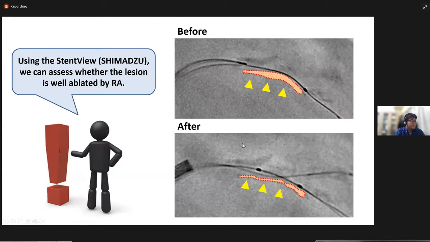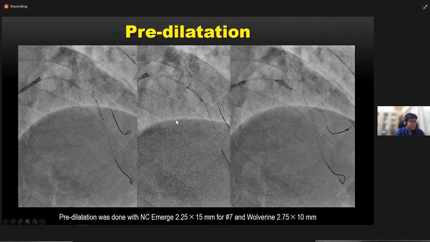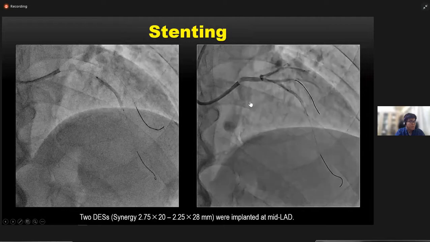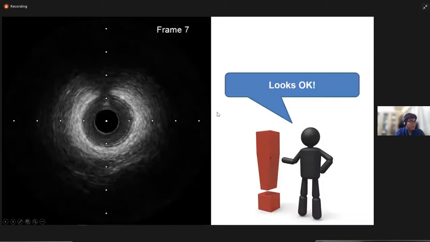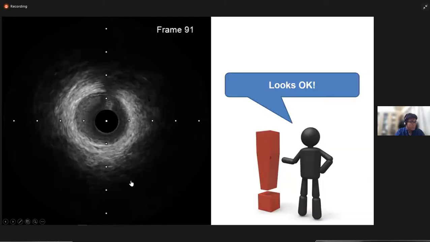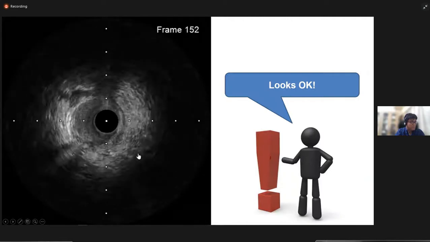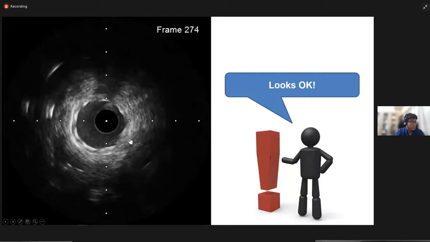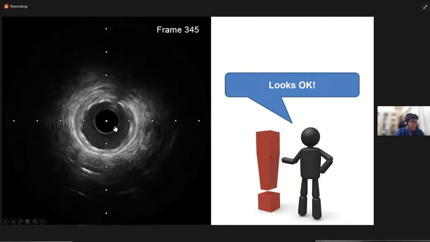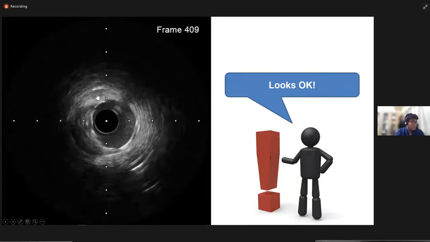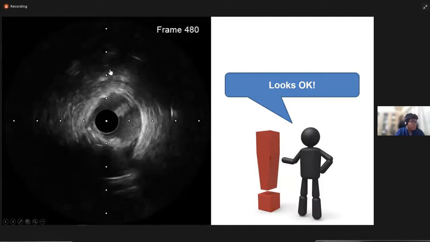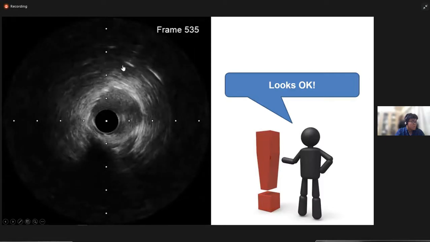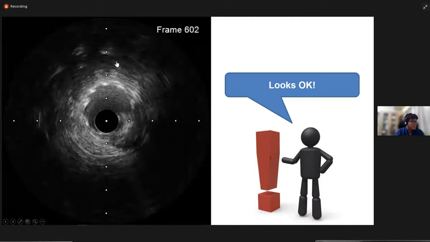Like this. After that, we dilate the lesion and we put in two stents. And this is the IVUS after stenting. Actually, the stent is well expanded. And this is the diagonal branch.